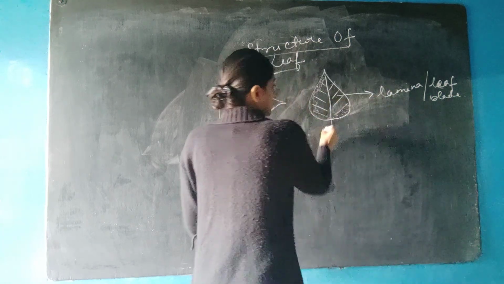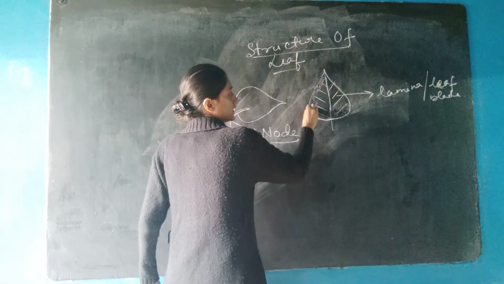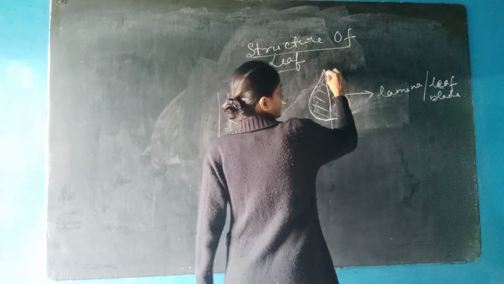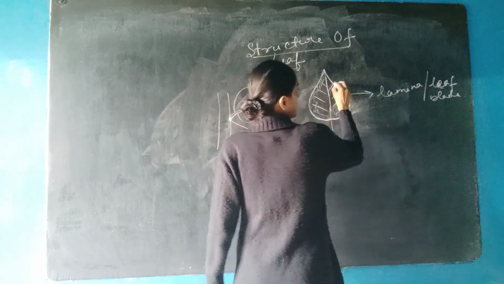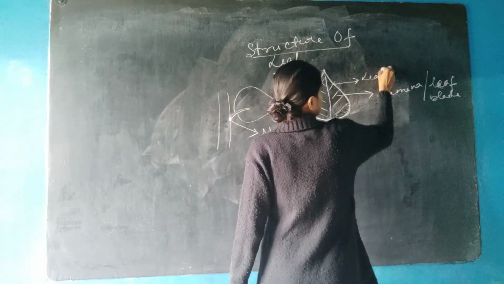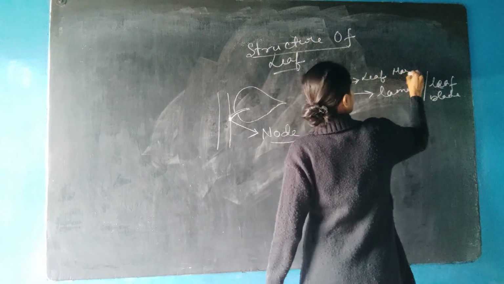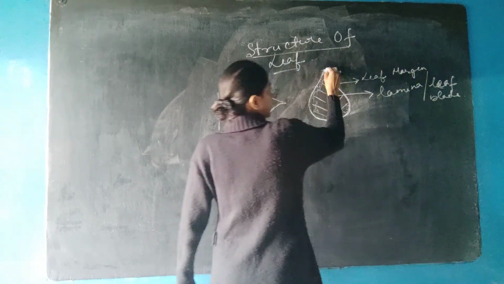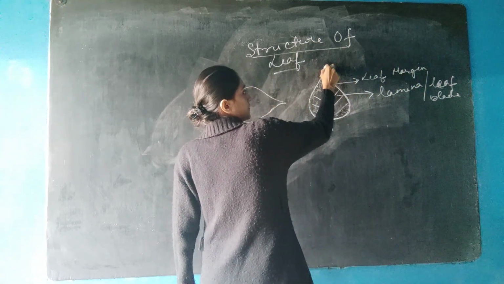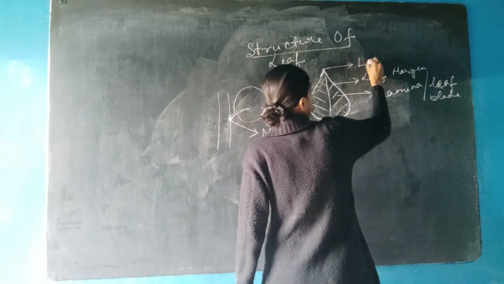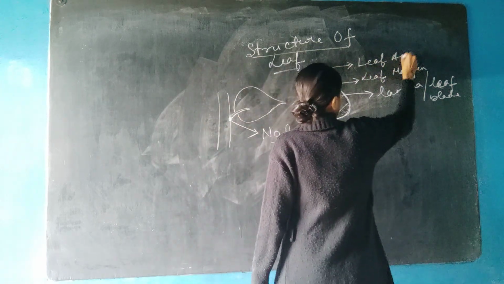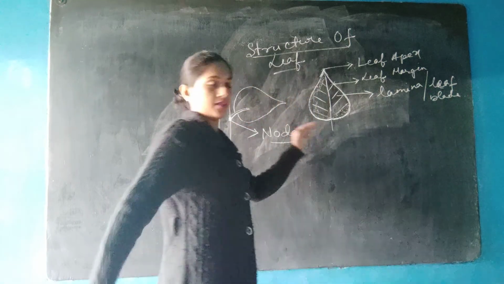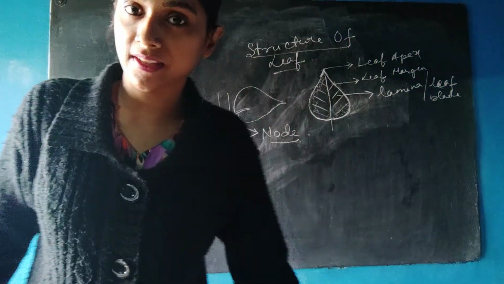Okay, and this outline of the leaf is termed as leaf margin, and this apical portion of the leaf is termed as leaf apex. So lamina, leaf margin, leaf apex, I think you have got it.